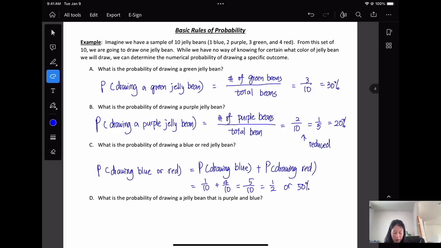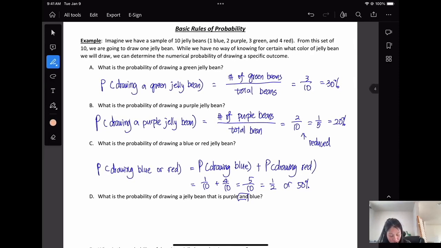Next one is, what is the probability of drawing a jelly bean that is purple and blue? So the difference between these two: in C, the question is or, so that means it could be either a blue bean or a red bean. But for D, what they want is for it to be blue and purple, in one bean.